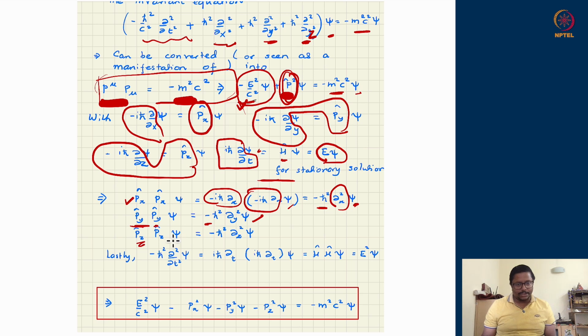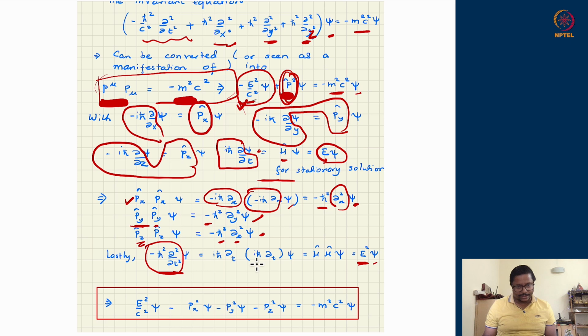Pz square will be minus h square del 2 upon del z square hitting the psi. Lastly, we have the energy thing which e square c square was appearing. We know now that energy has also to be written as plus iota h bar this time, d psi upon dt, and therefore the e square will be this quantity hitting twice.